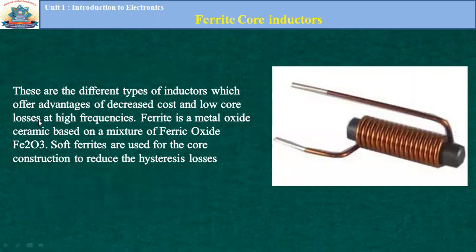Ferrite core inductor. Previously there was a gap within the coil. Now we place a ferrite core under this coil, so the coil is wrapped along a ferrite core. The inductance depends on the self-induced EMF. These inductors offer the advantages of decreased cost and low core losses at high frequencies.